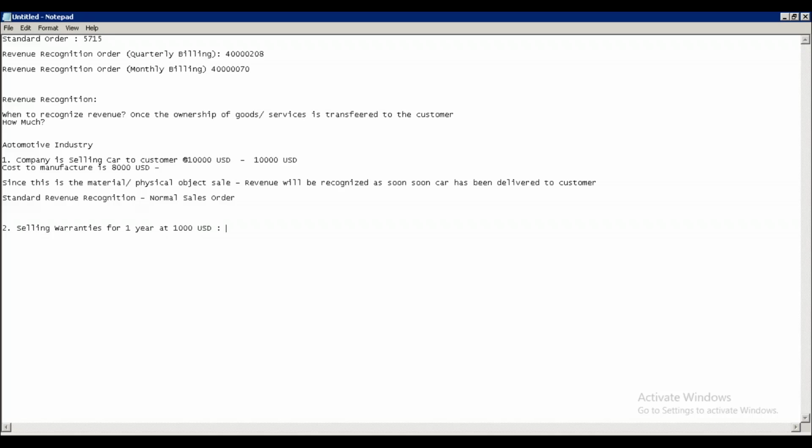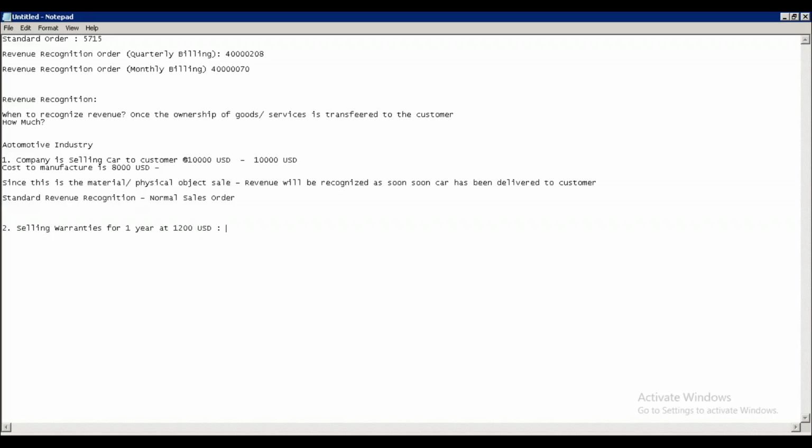Can you tell me now what will be the revenue? Same company is selling the warranties for 1 year at, let's keep it as, 1200 USD.